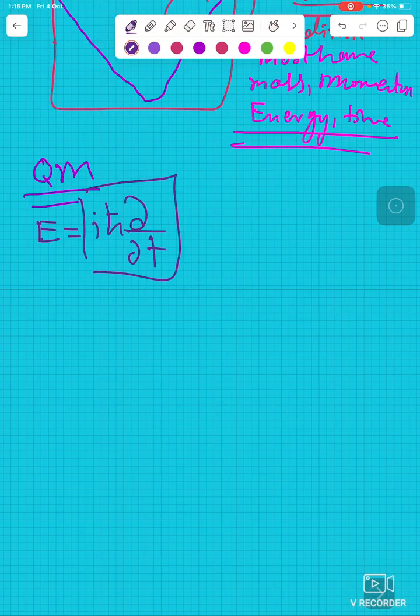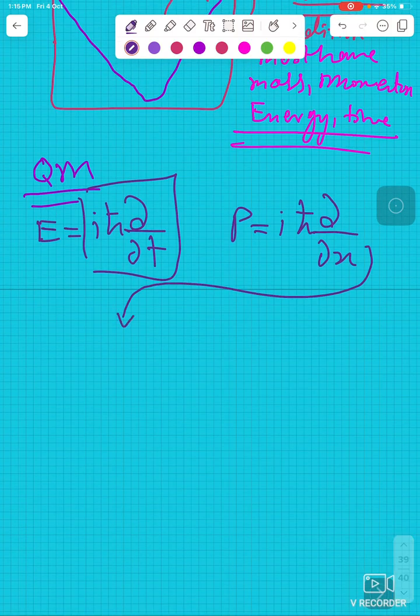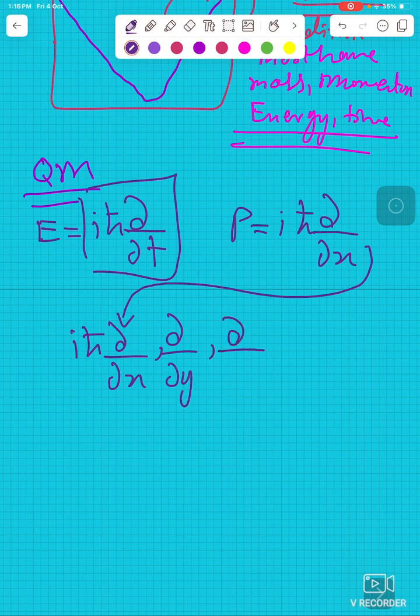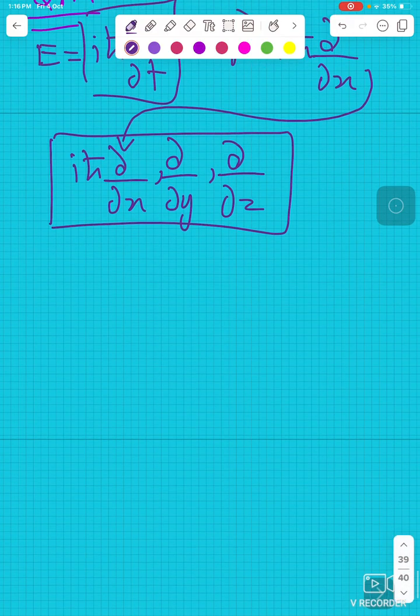And then we have p equal to i h bar d of dx. This can also be written as i h bar partial d of dx, partial d of dy, partial d of dz, if we are talking about all the directions of momentum.